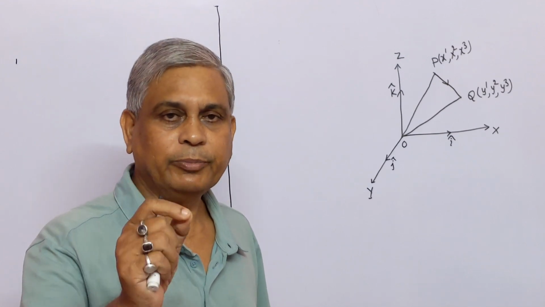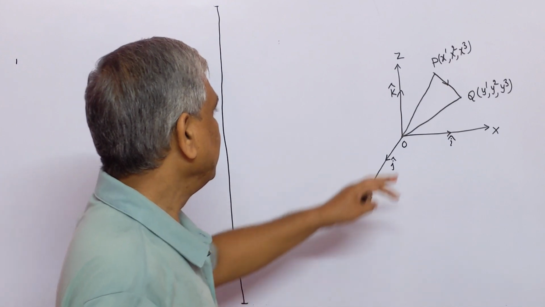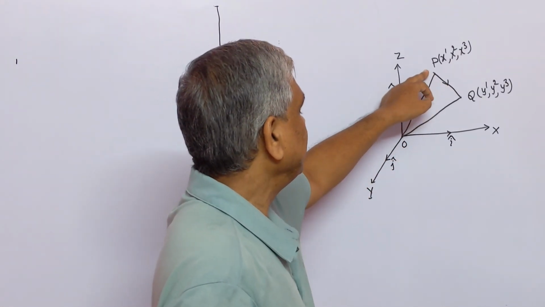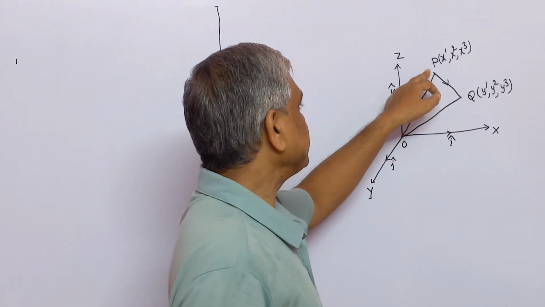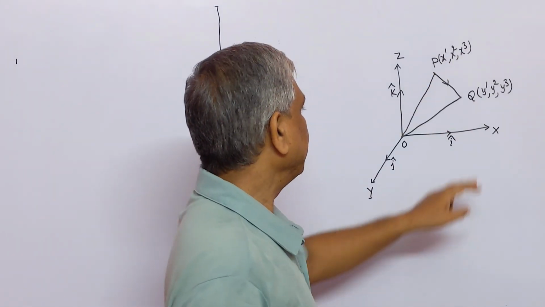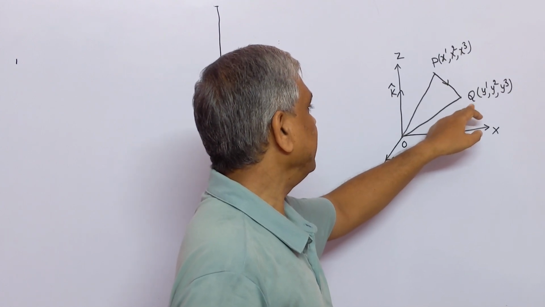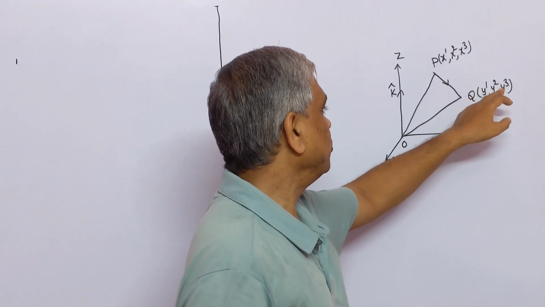Now we will come to the main concept. Let P be a point whose coordinates are x1, x2, x3 and Q be another point whose coordinates are y1, y2, y3.